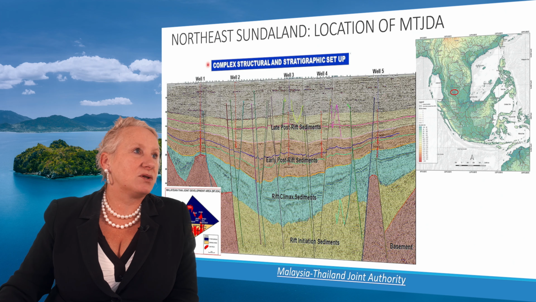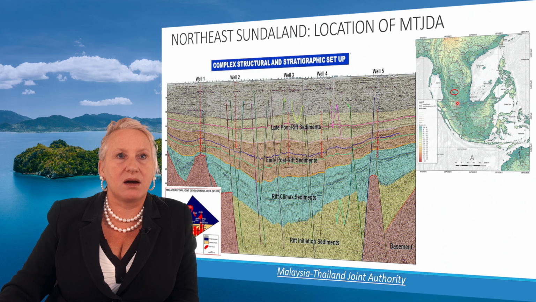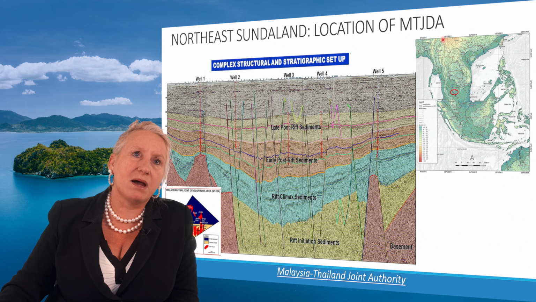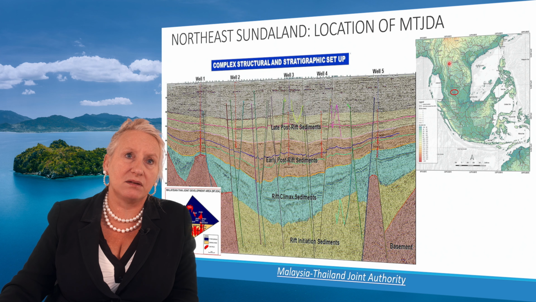And when we move now to the Northeast Sundaland in the Malaysian Thai border up here, now bearing in mind that a ton of sediment is pouring off Thailand at this stage, there's a dominant delta that is flowing into the Sunda Shelf. And of course, we have the rifting that's gone on in the system. We've got the rift climax sediments, early post rift, late post, etc. part of this basin.